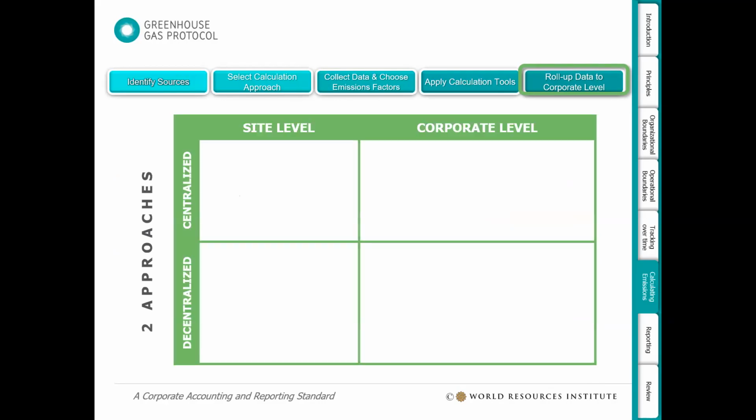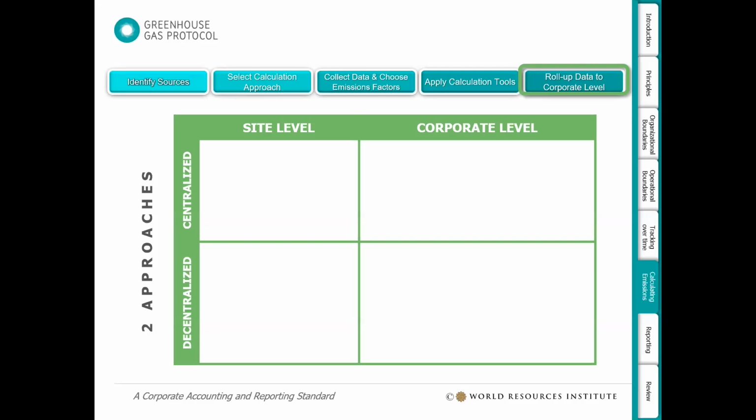Let's turn to the final step in calculating emissions, which is rolling up emissions data to the corporate level. Basically, there are two approaches for gathering emissions data from a corporation's facilities. One is called the centralized approach, and the other is the decentralized approach. In the centralized approach, individual facilities report activity or fuel use data to the corporate level, where the emissions are then calculated.